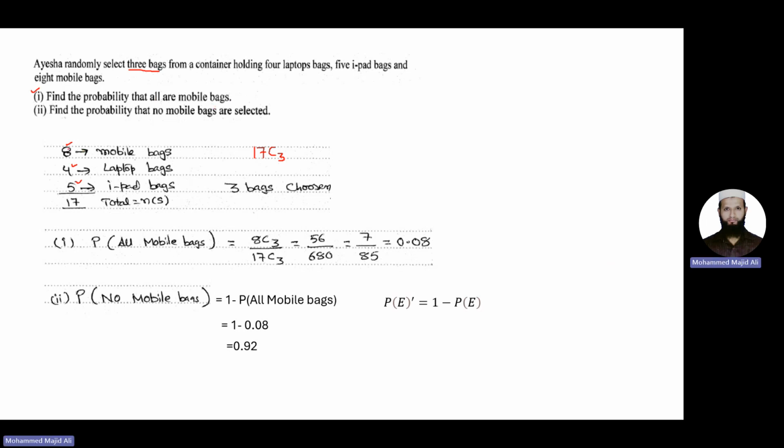How many mobile bags are there? 8 mobile bags are there. So what are the combinations of selecting all mobile bags? It will be 8C3.